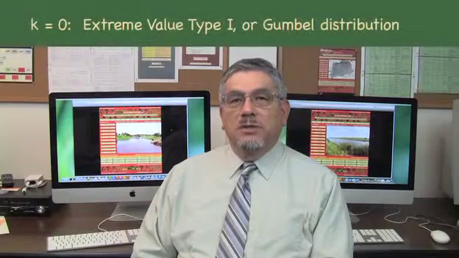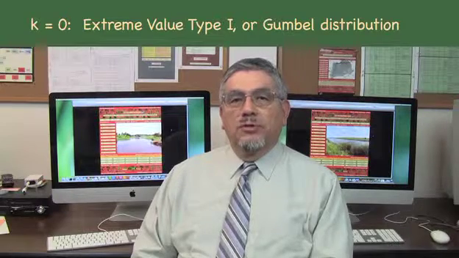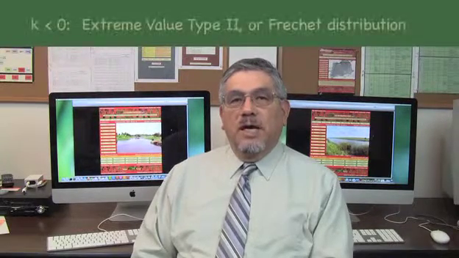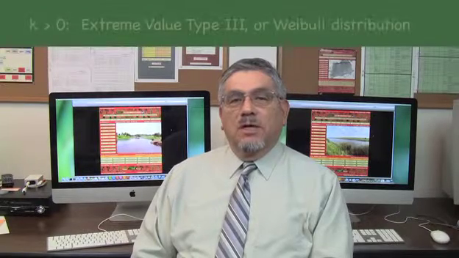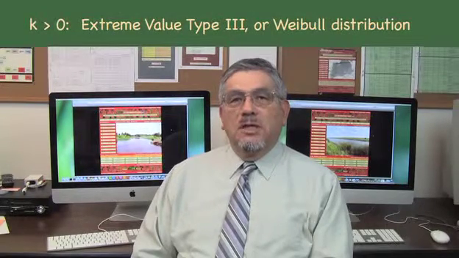For k equals 0, the GEV distribution reduces to the extreme value type 1, or Gumbel distribution. For k less than 0, the GEV distribution is the extreme value type 2, or Fréchet distribution. For k greater than 0, the GEV distribution is the extreme value type 3, or Weibull distribution.